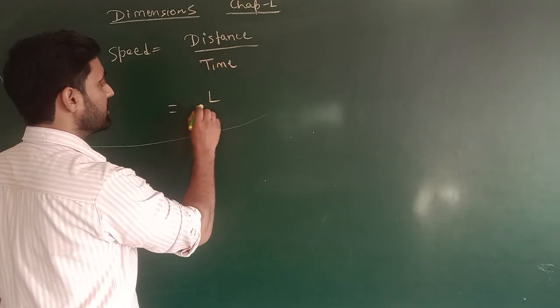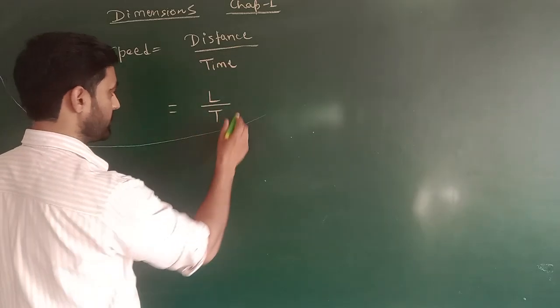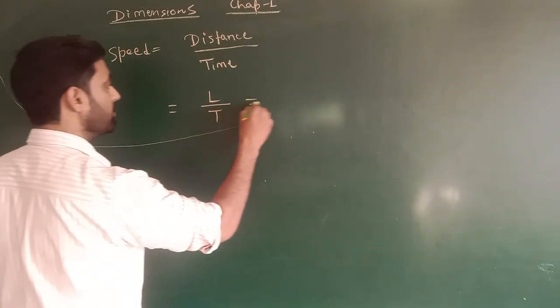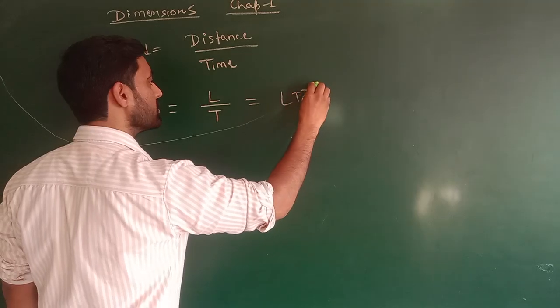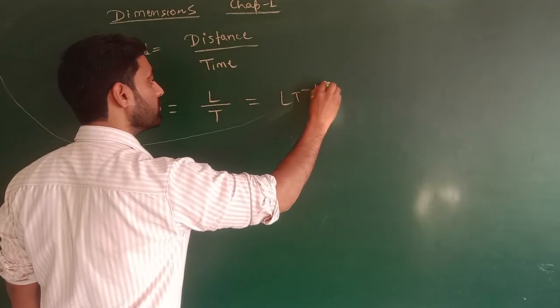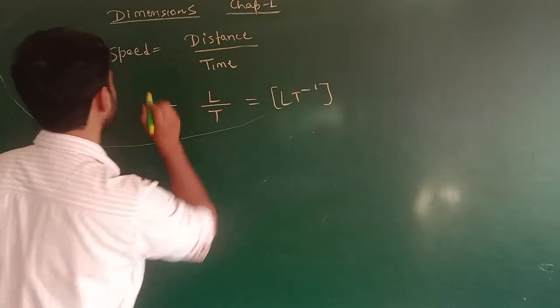Distance means length, and time is T. So the dimensional formula will be L T minus 1. This is the dimensional formula of speed.